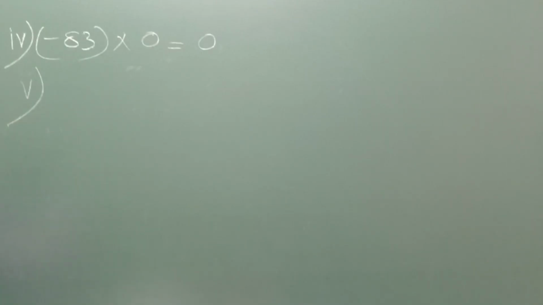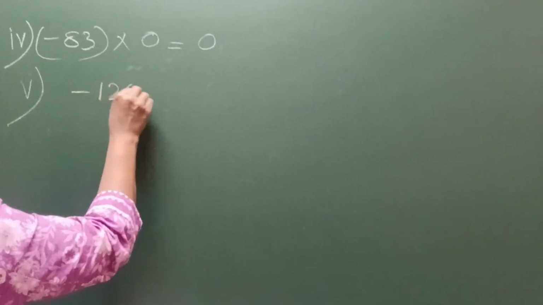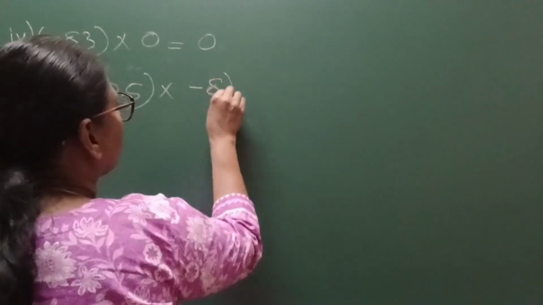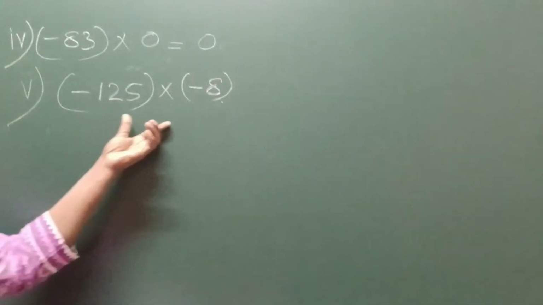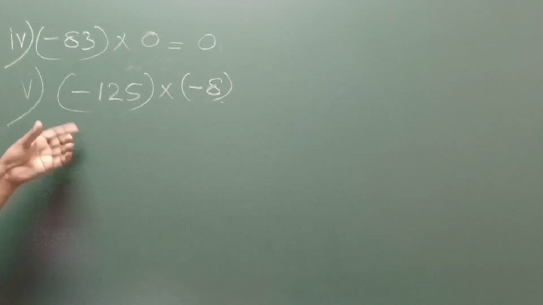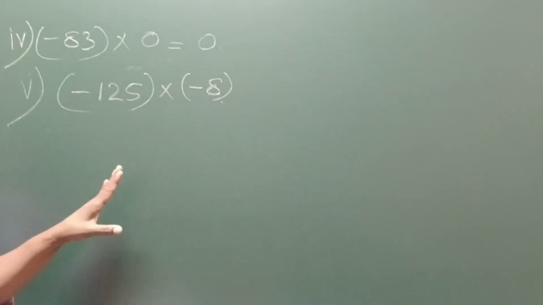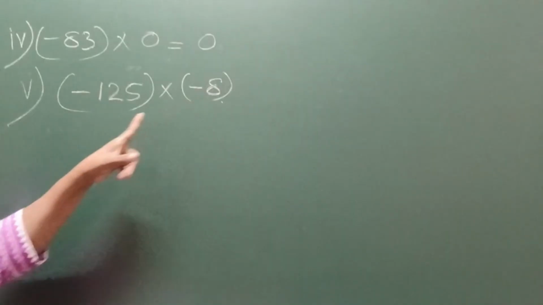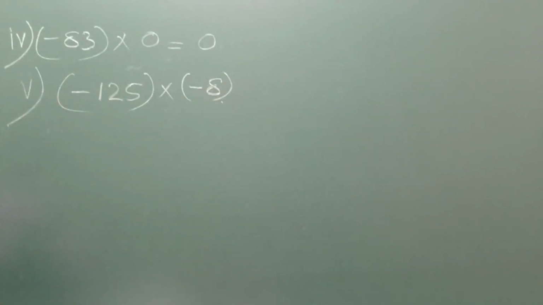Minus 125 into minus 8. Here both the integers are negative. We have to find the absolute value and then multiply. After getting the product, we write the answer. Both are negative integers, so minus into minus is equal to plus.